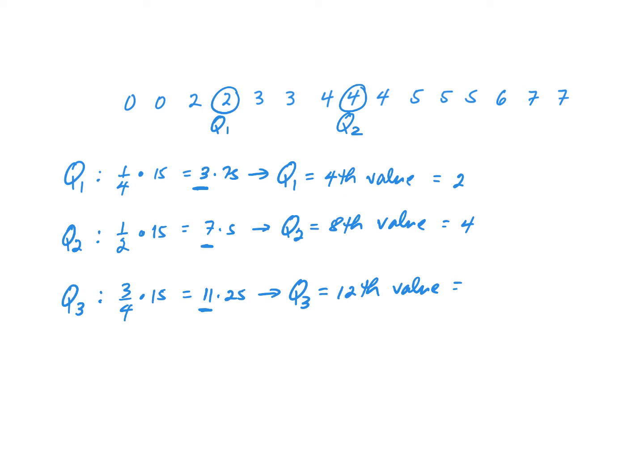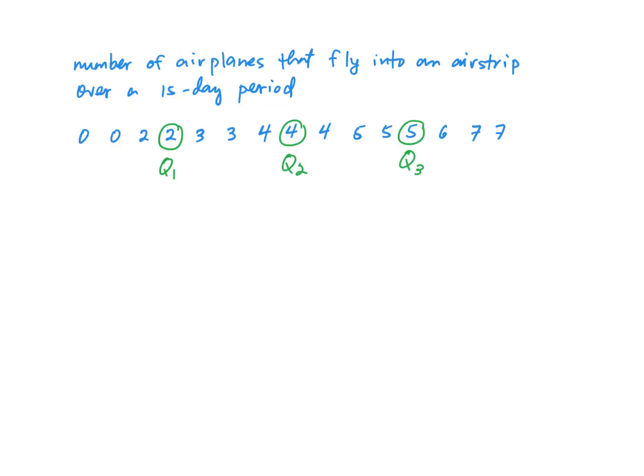In this case, it's 8, 9, 10, 11, 12. So that's 5. So notice that we are getting exactly the same values as the values that we got in the first method.